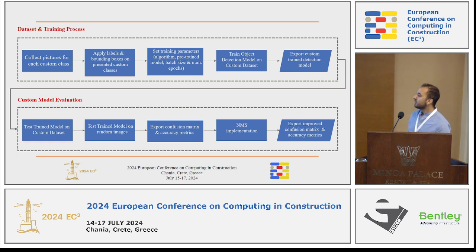In the second phase, we have initially many experiments on both trained and random photos. We have the export of the coefficient matrix and accuracy metrics. At the later stage, we have the NMS technique implementation in order to enhance model performance and accuracy, and export an improved coefficient matrix and accuracy metrics.